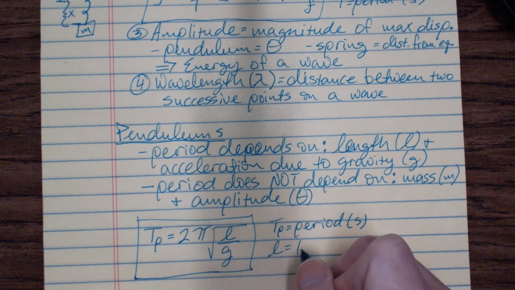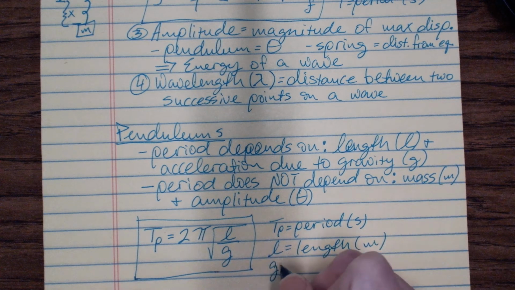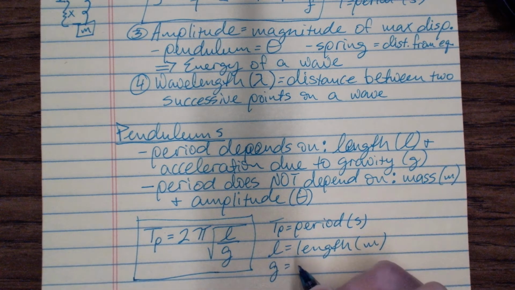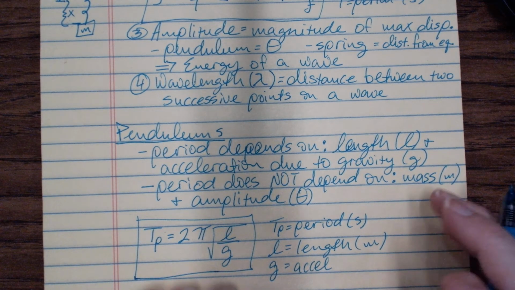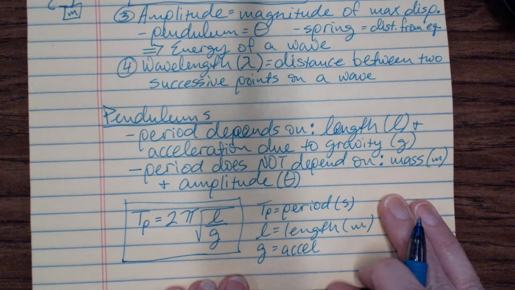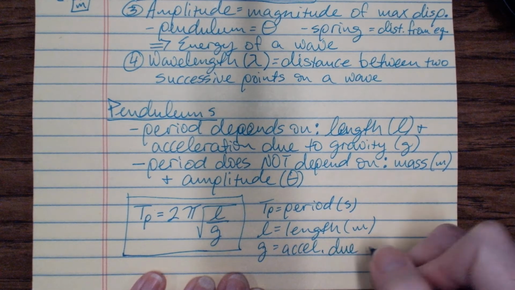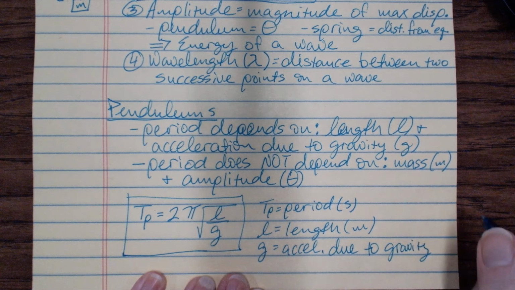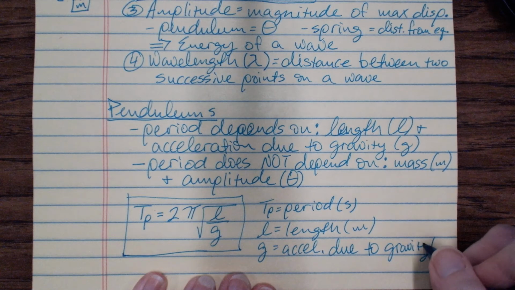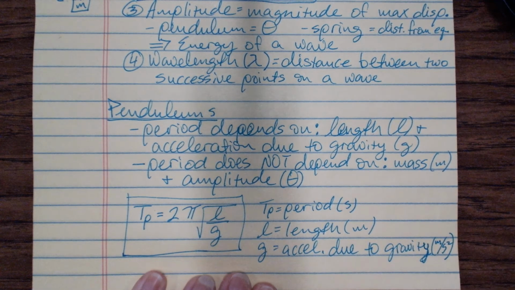L is the length, which is in meters, and g is the acceleration due to gravity, and that's in meters per second squared. Okay, all right, so let's do a little practice.